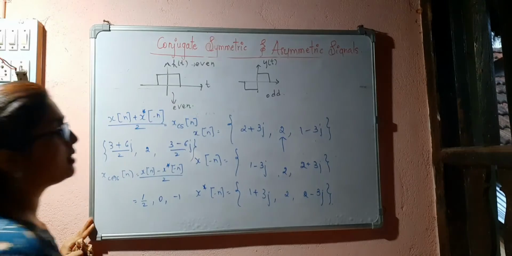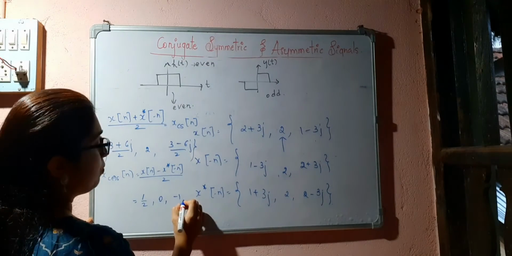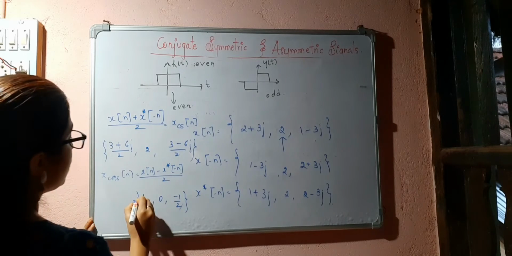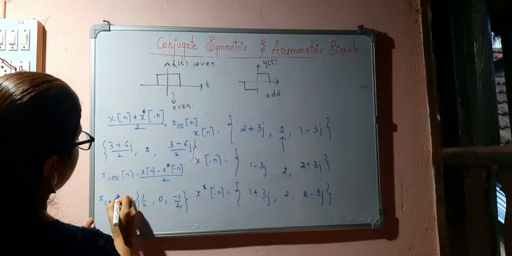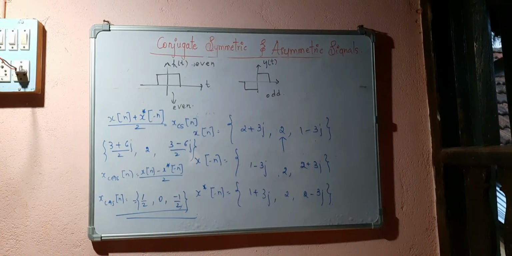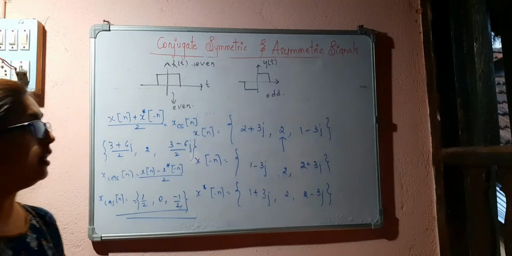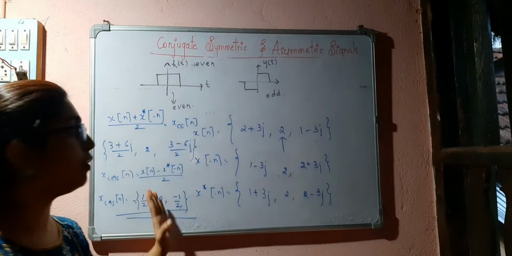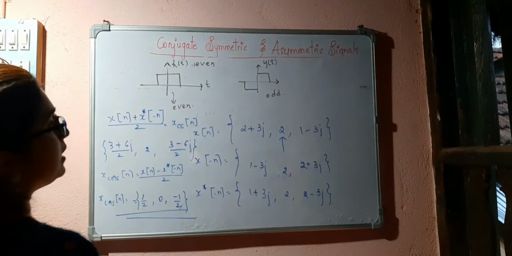Minus 3j plus 3j is equal to 0. So minus 1 by 2. So this will be the conjugate asymmetric part of the signal. Okay, this is how we will calculate the conjugate symmetric part and conjugate asymmetric part of a particular signal. This is for discrete time.